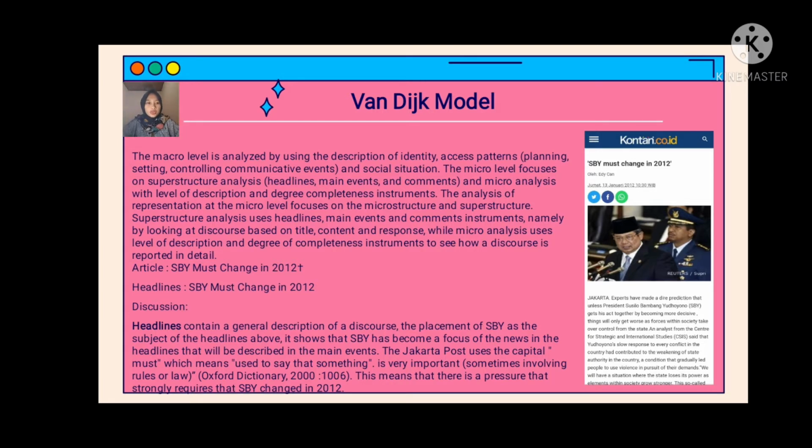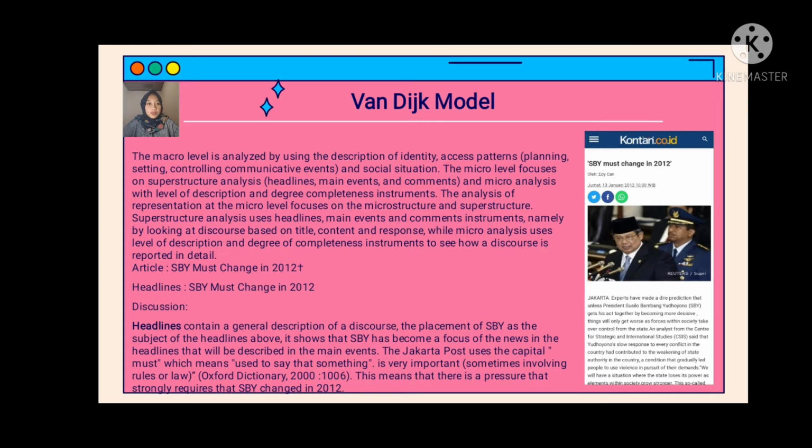This change, when associated with his position as president, can relate to performance, decisions, attitudes, or other matters related to his leadership. From the headline above, it can be assumed that SBY's leadership or performance in the previous year was not good or lacking satisfaction, so he was asked to make a change in 2012.